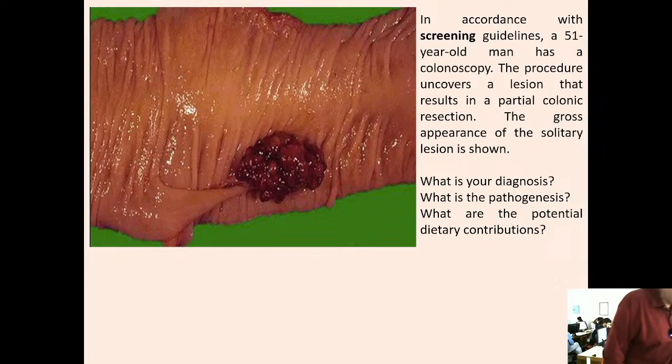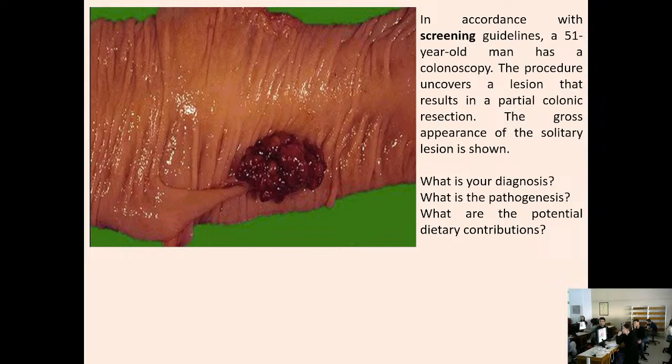Now here is, you see, the screening test. They found this adenoma. This is a true neoplastic polyp, a true one, not like the pseudopolyps we saw in ulcerative colitis. So this adenoma, is it sessile or pedunculated? Pedunculated means it has a stalk.